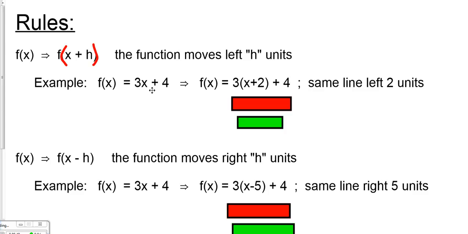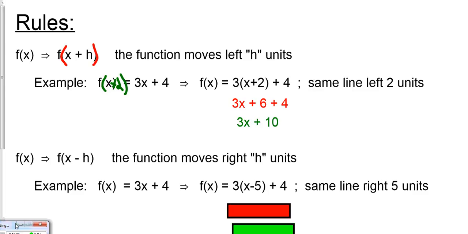Again, if we start with that 3x plus 4, but my input x, I'm going to add 2 onto that. So it would look something like f of x plus 2, and that plus 2 is inside the parentheses with this x. That means I'm going x plus 2 right here. Now when I distribute that 3, it'll say 3x plus 6, and I'm still adding the 4, so it's actually 3x plus 10.